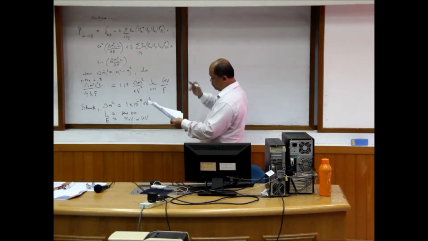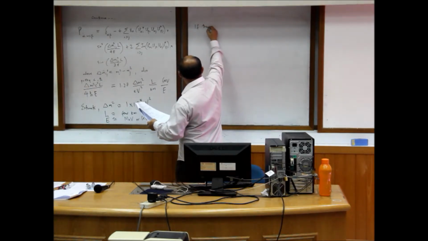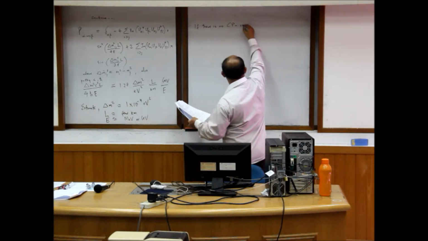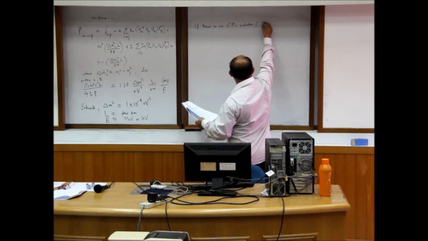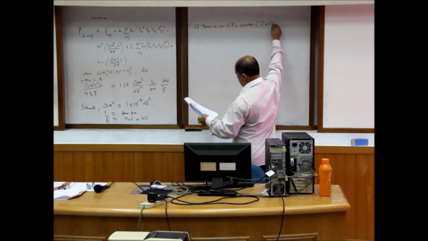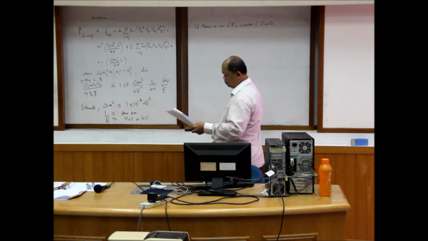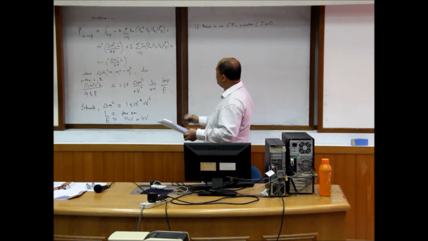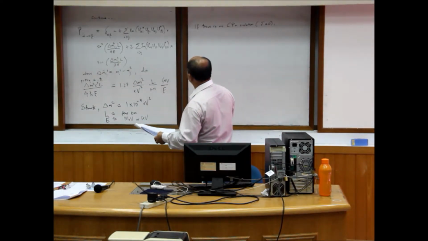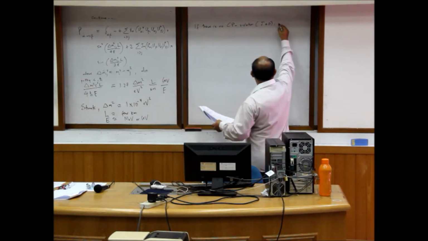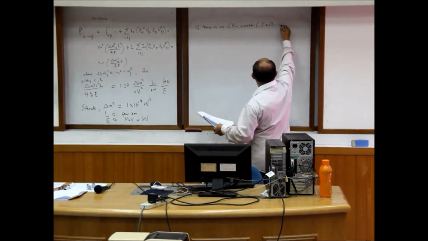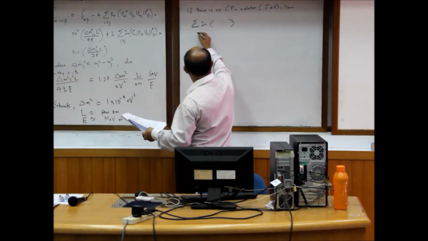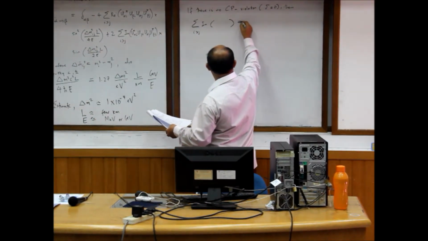Then the second summation is 0. Then this imaginary part, right? I get that J is 0.